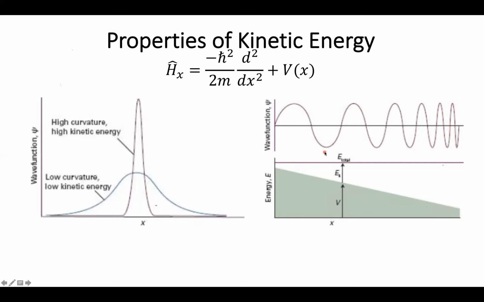I'm moving fairly slowly. Whereas when I get way out here into the deep end, very little potential energy, most of that energy is caught up in movement, which means I'm going to have a fairly rapid change in my curvature as I have a higher kinetic energy.